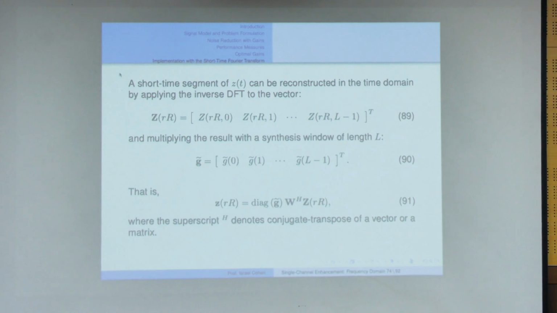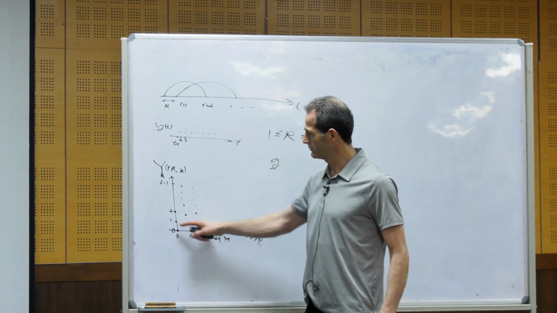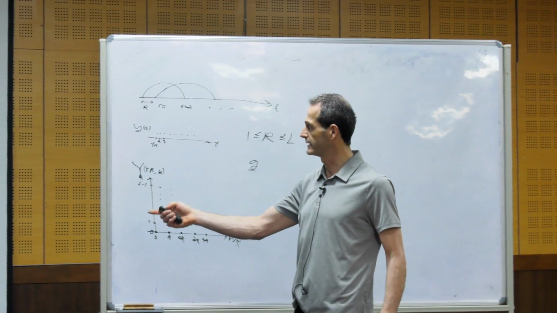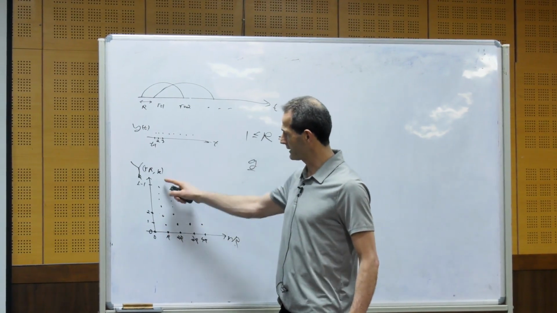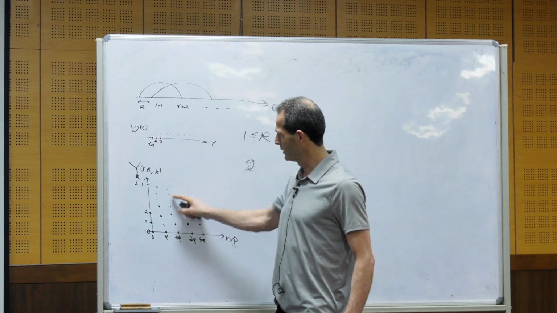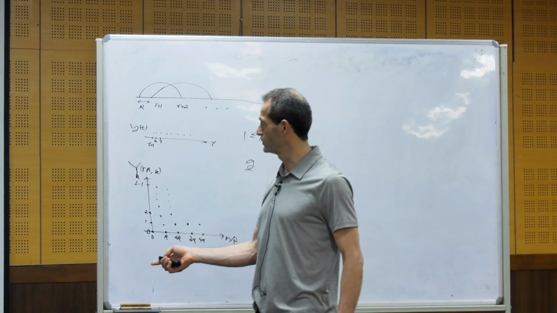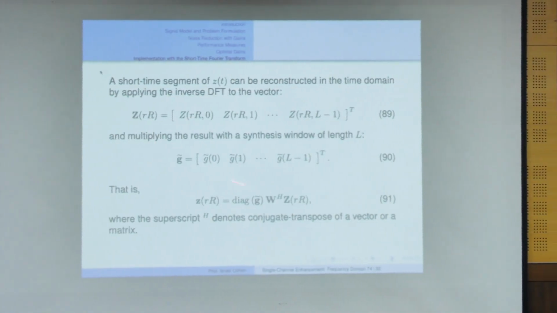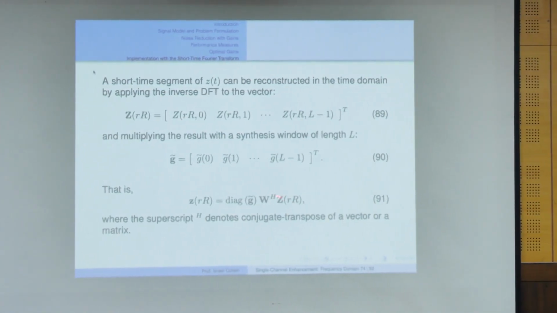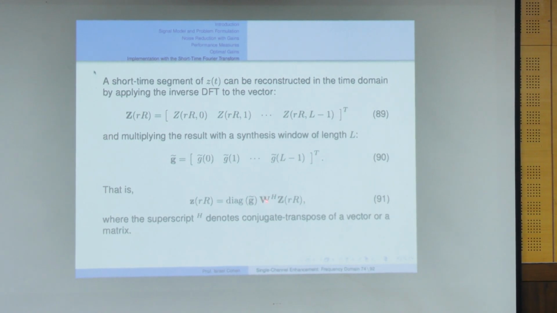How do we do the inverse Fourier transform? It looks like this. Suppose that we have this matrix in the time-frequency domain for the enhanced signal, for Z. We take each vector here, and we apply the inverse Fourier transform to this vector, which is like multiplication with W conjugate transpose.